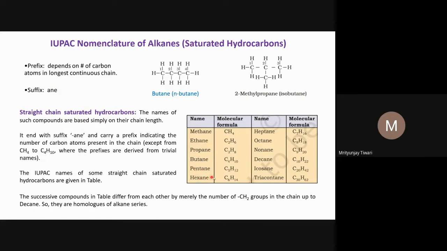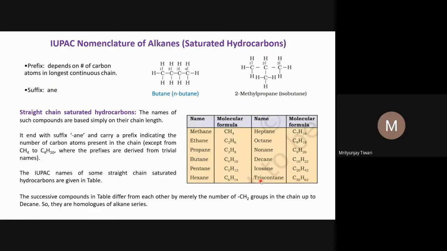From here onwards, the numerical prefixes come from the Greek numerals that we use. Pent means 5 in the Greek numerals, hex means 6, hept 7, oct 8. Then non for 9, and dec for 10. Icos represents 20, and undec, dodec for 11, 12, and triacont represents 30, tetracont, pentacont.